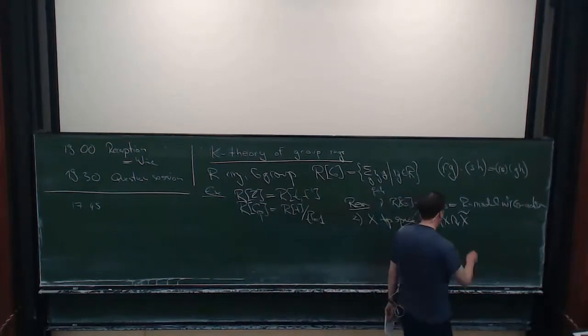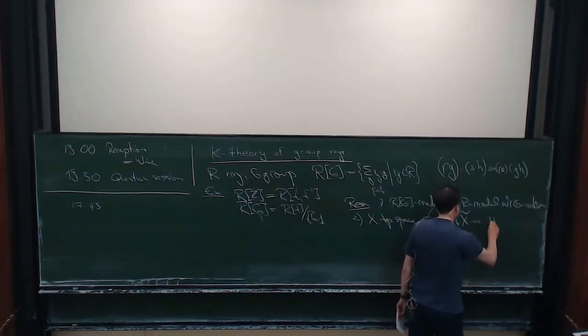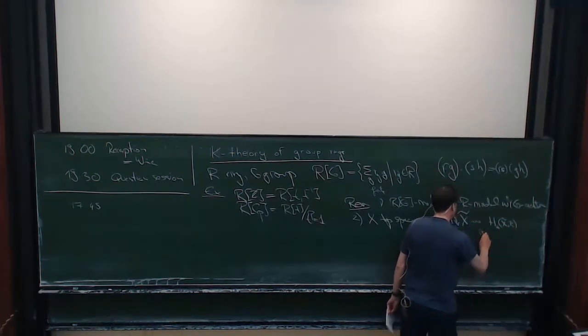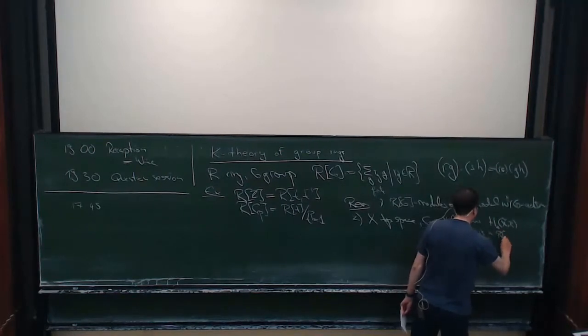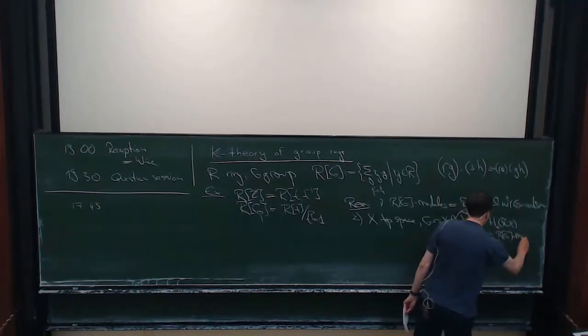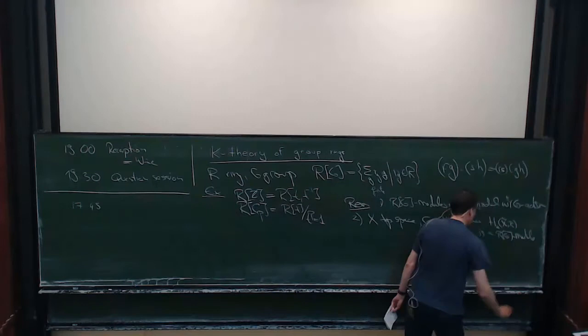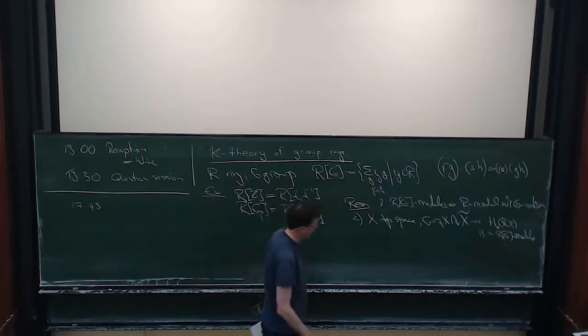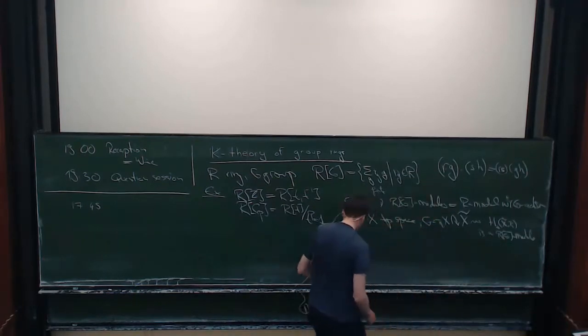So, for example, the homology groups of the universal cover are a module over the group ring. Okay, so in algebraic topology, we have to work with these group rings.